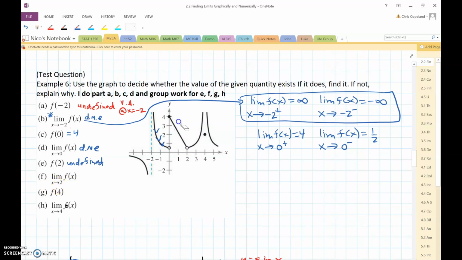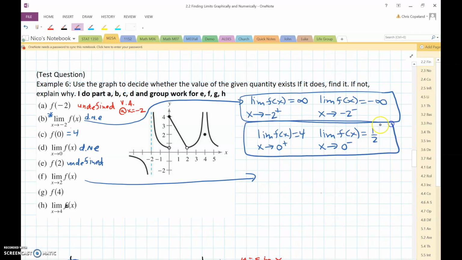Okay, so this is different than the function notation. Again, we'll come over here. We'll do our one-sided limits. So the limit of f of x as x approaches 2 from the right, that's going to equal 1/2.